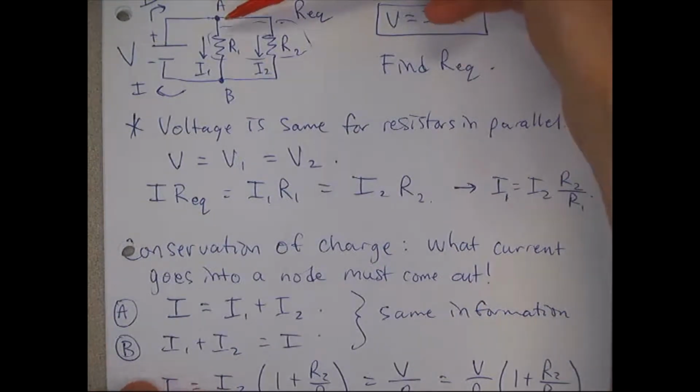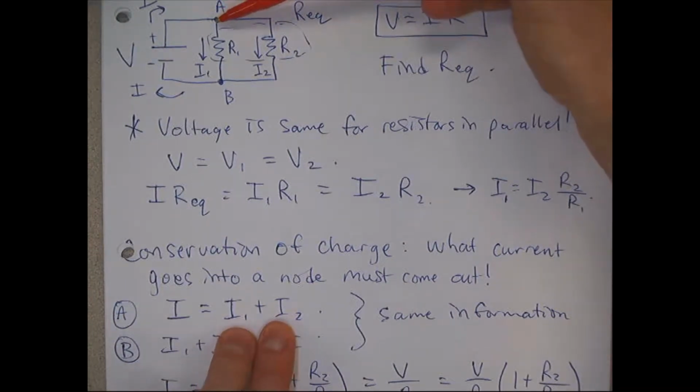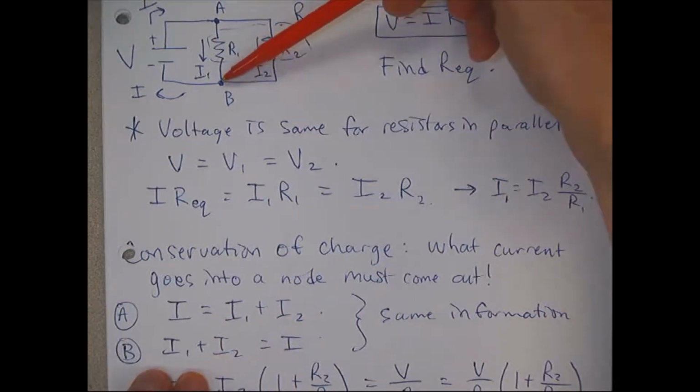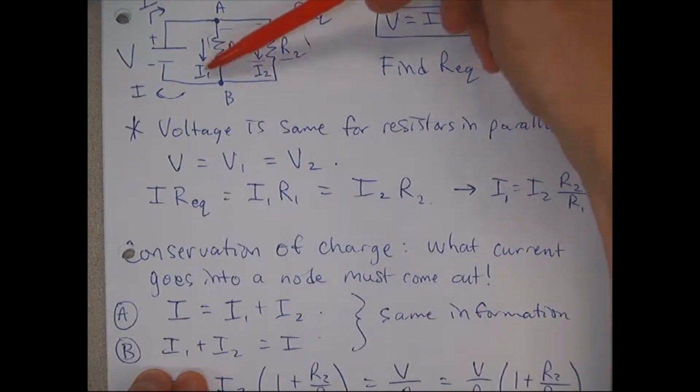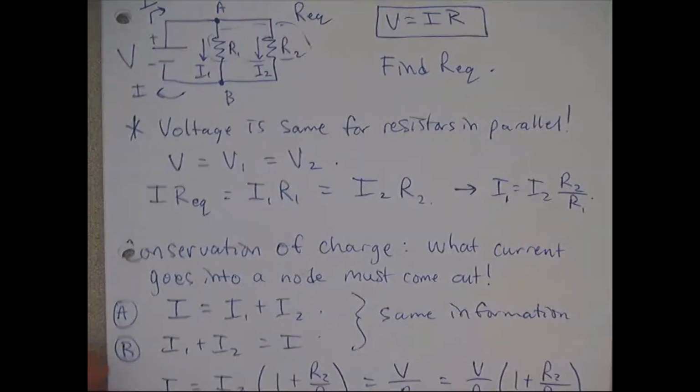So whether you look at node A or node B here, current total I passing into node A equals the sum of the currents leaving node A, I1 plus I2. You could look at node B, but it just gives you the same information, that I1 plus I2 coming into the node equals I leaving the node.